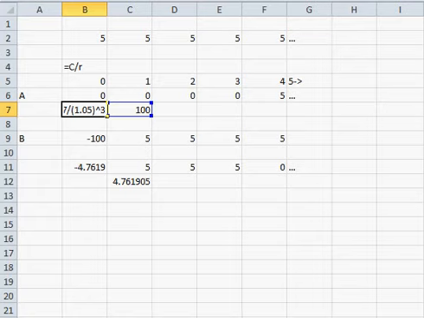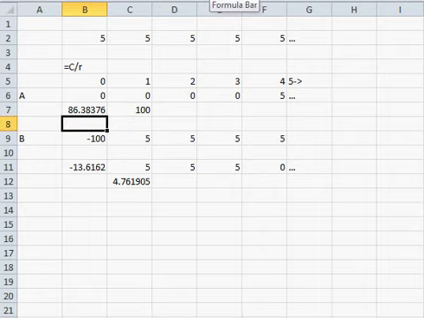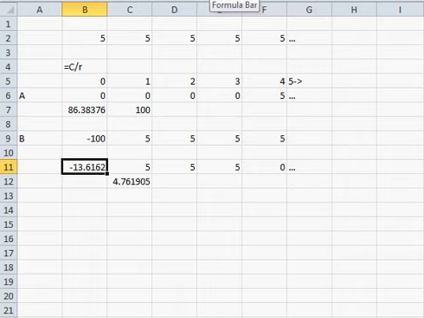And so the present value of that stream of 5s is only $86. Or we have to wait longer, so it's less. We have to discount it 3 times instead of just 1. So now we're paying $13.62.